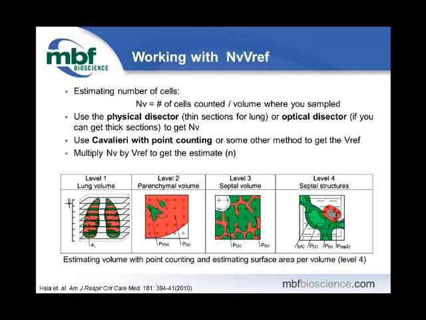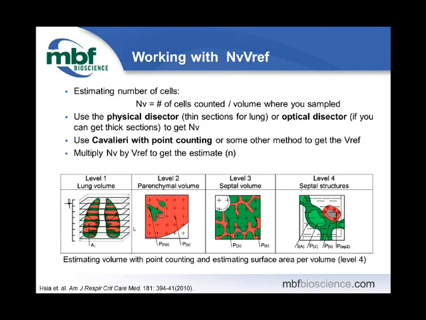So that'll be cells per micron cubed, for instance. And then you need to take the volume of the whole region, which you get by some other method, maybe through fluid displacement or maybe through point counting on the whole volume. So you multiply the numerical density, which is in this case number of cells per volume, by the total volume, and that'll give you an estimate of, for instance, the number of cells.